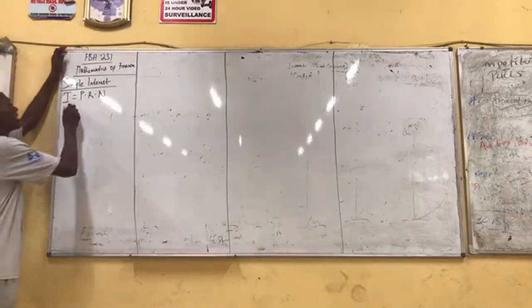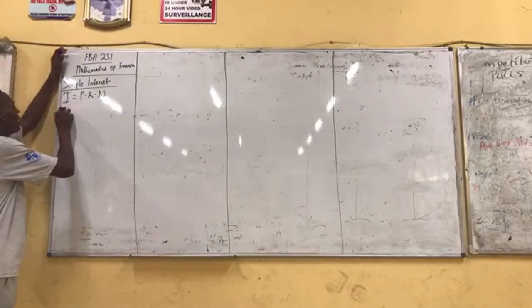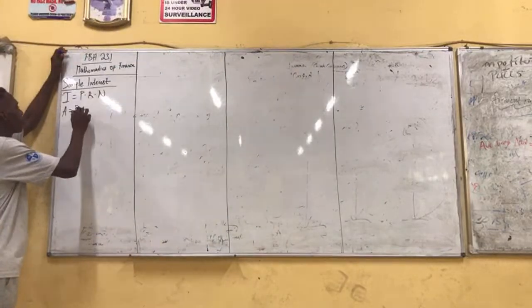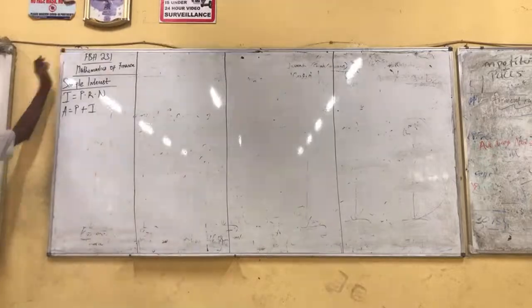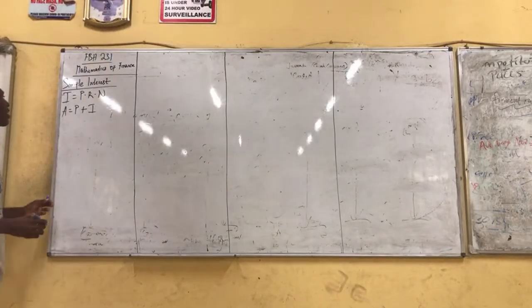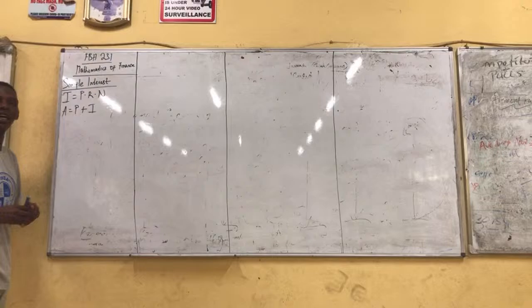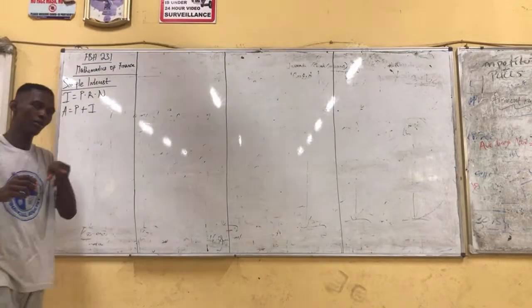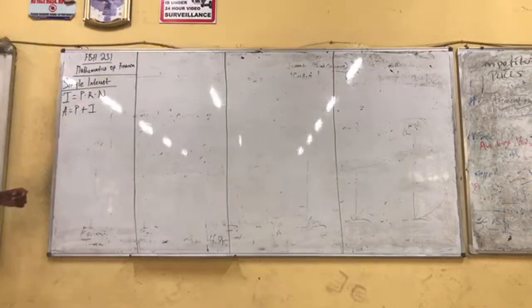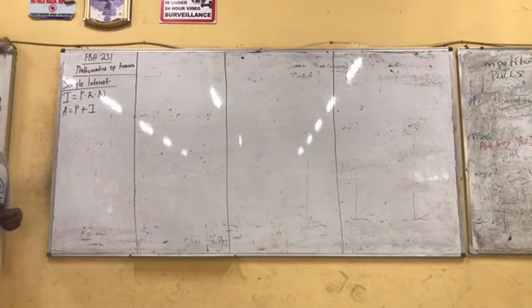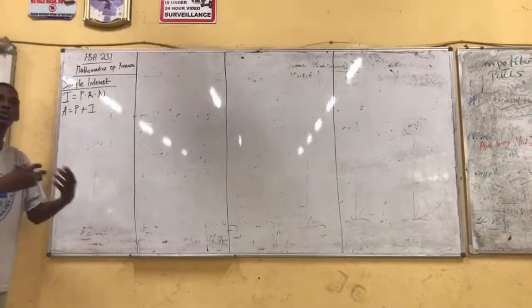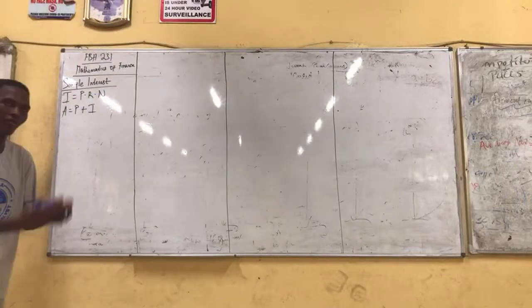Now, our amount is equal to what? Your principal plus your interest. Principal plus interest. Now, what if you are asked to get your amount at the end of so many years? Let's say at the end of 5 years.